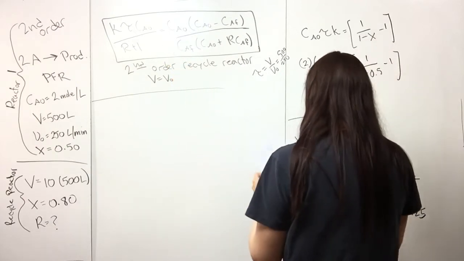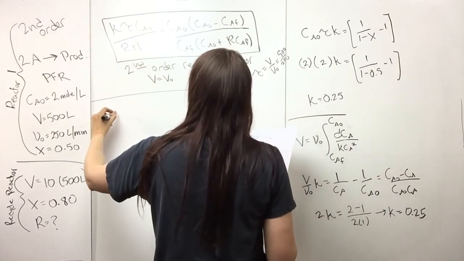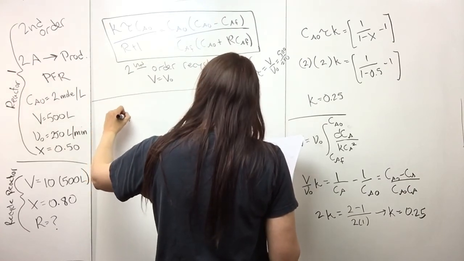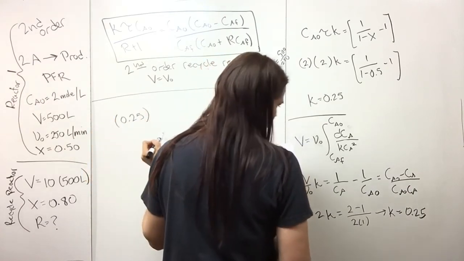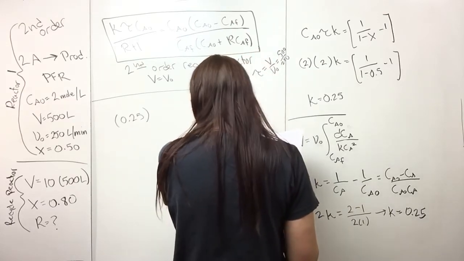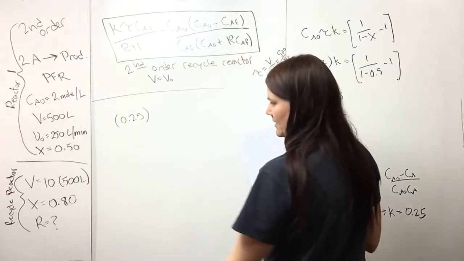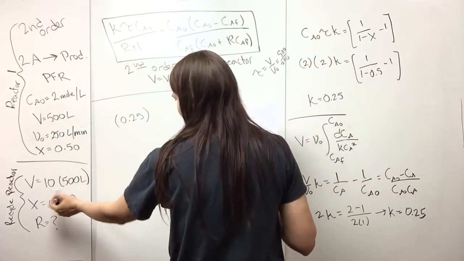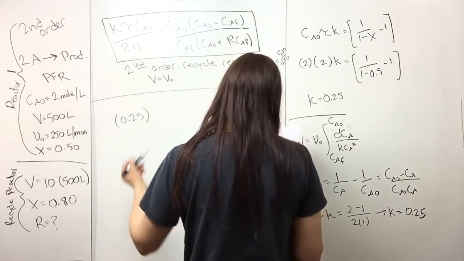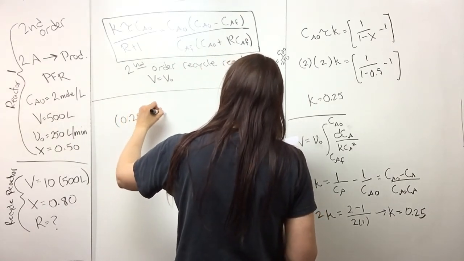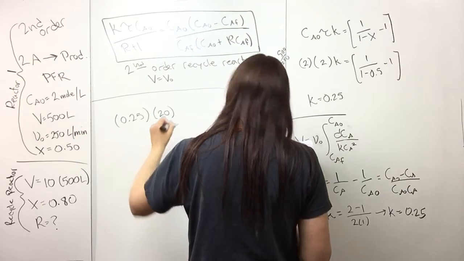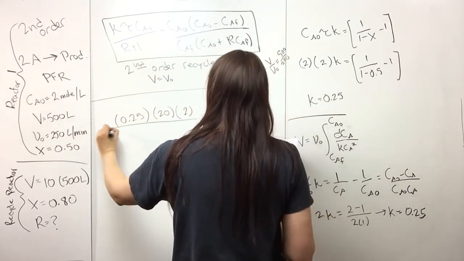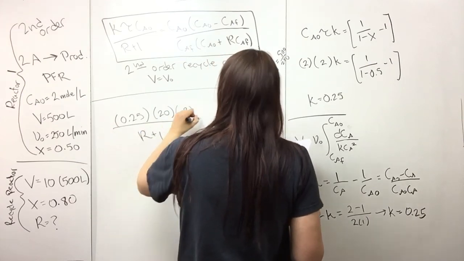Going back to the recycle reactor, we have k, which is 0.25, multiplied by tau. And tau is different for the recycle reactor because you have a different volume. So your volume is multiplied by 10. So tau in this case ends up being 20 instead of 2. And then you have CA naught, which is 2, over R plus 1.